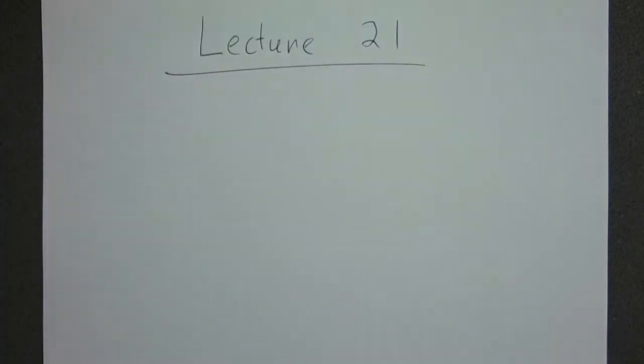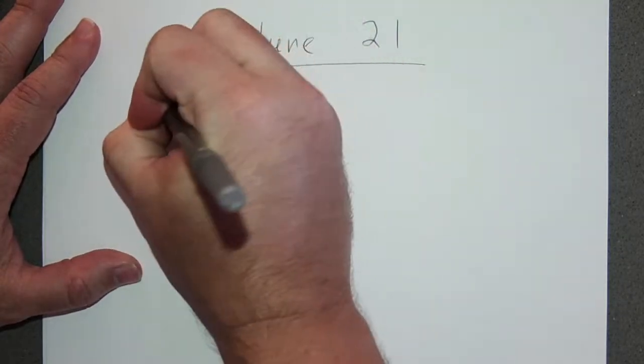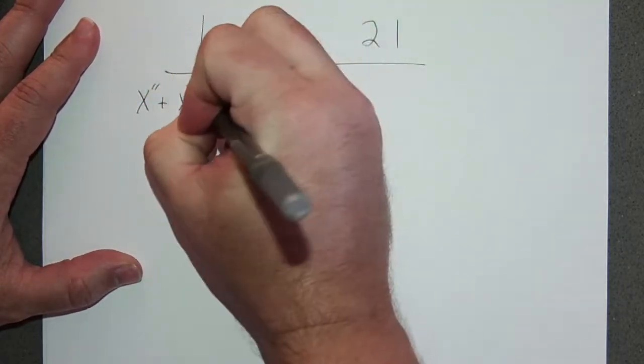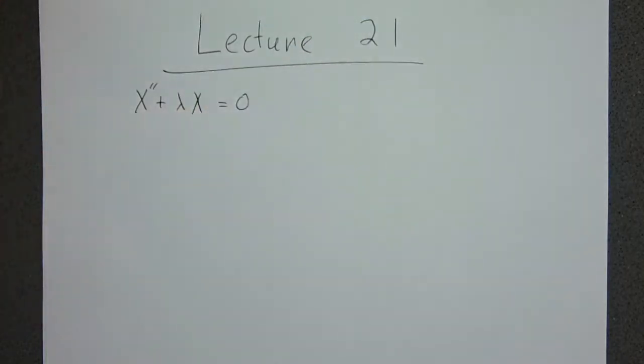So this is the key thing we are trying to solve, where x is some unknown function and lambda is some eigenvalue.